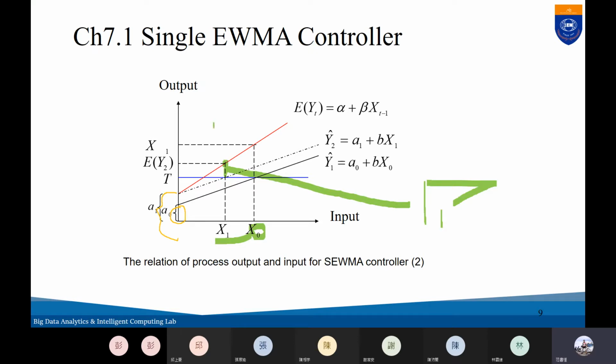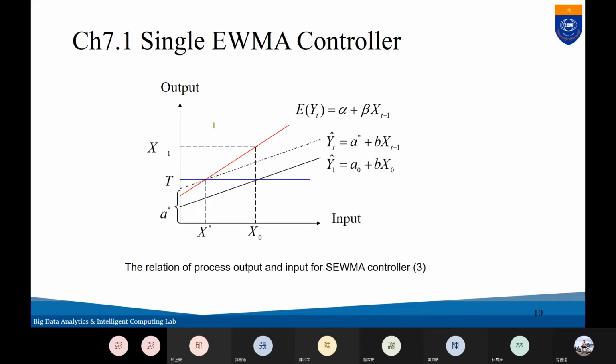So that's how the EWMA controller works. Get it? Finally, we move from x0 to x star. So finally the intersection point exactly matches the true response.